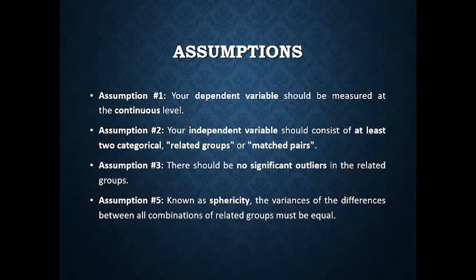The third assumption is that there should be no significant outliers in the related groups, and the final is that there shouldn't be a violation of the assumption of sphericity. It means that the variance among the groups should be equal.